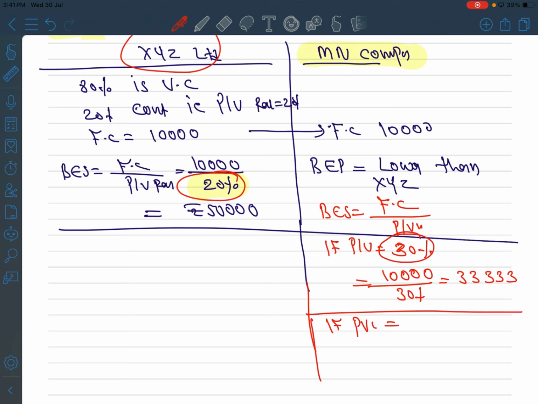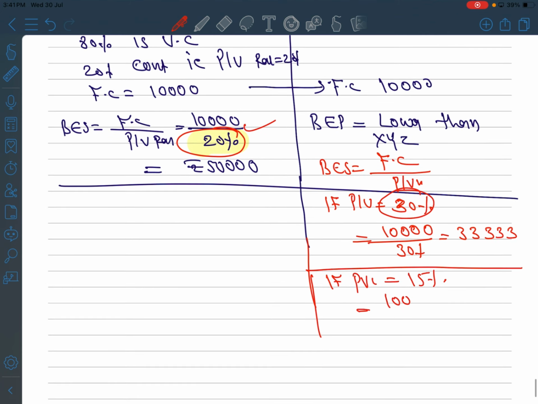So I took a PV ratio higher than the PV ratio of XYZ Limited. Got it? Next, I am going to take a PV ratio less than 20, which means 15%. Then what will happen? 10,000 divided by 15% is equal to 66,667.